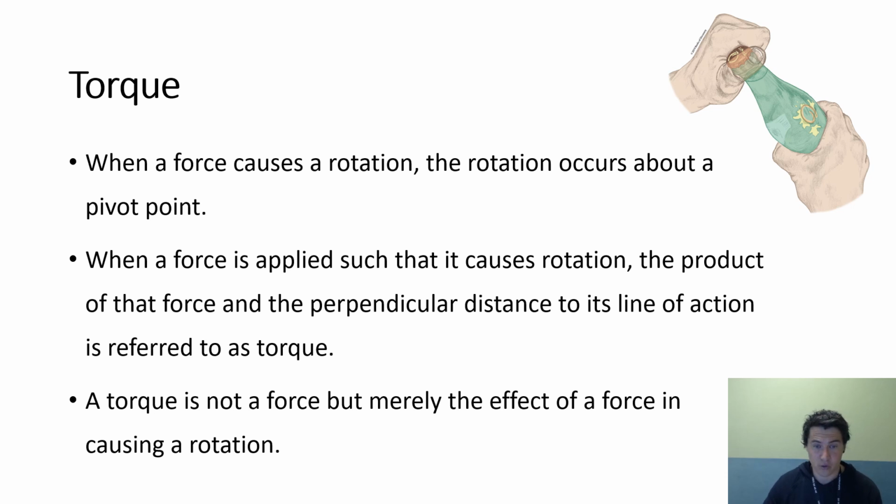Torque is a type of force, but it's just describing rotational force. So opening up a bottle or twisting. Our muscles create force at a joint because we have this axis, a movement around an axis or a pivot point.